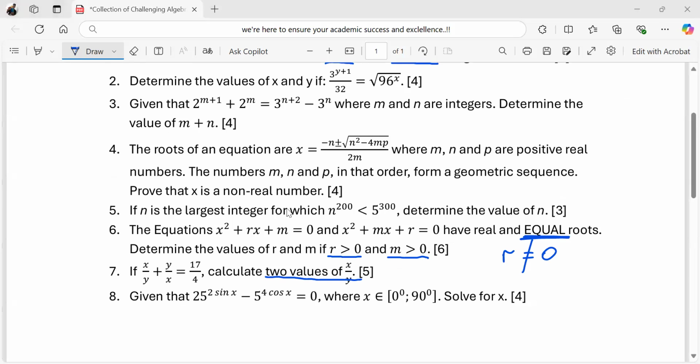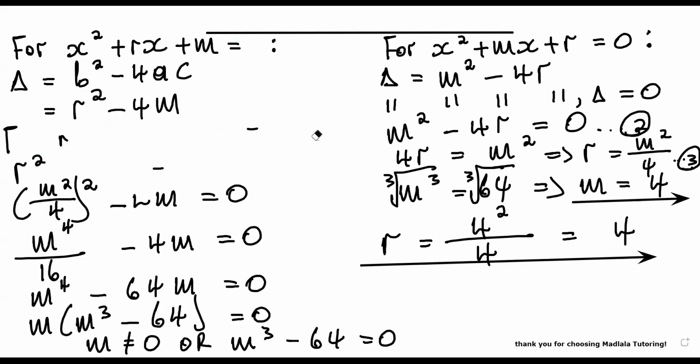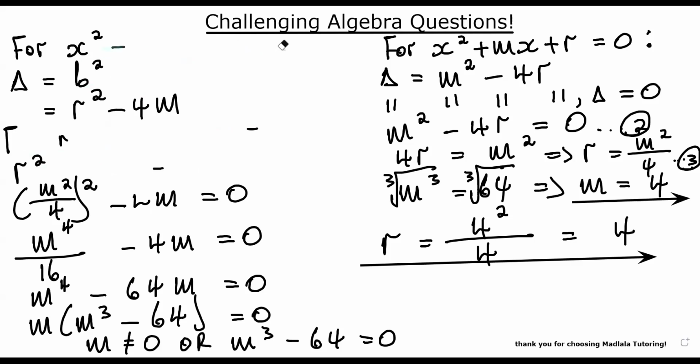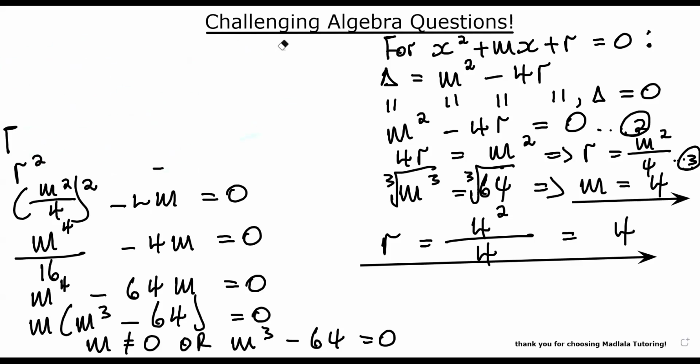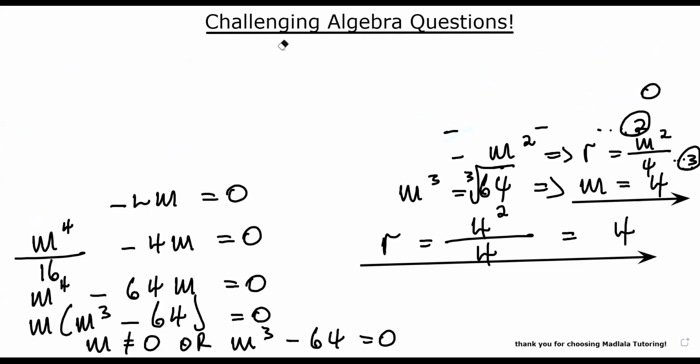So the question is, how would you find those two values of x over y? Well, the first thing you observe is the equation that is given to you is rather complicated. And being a good mathematician, you want to simplify your equation, right? So the question is, how would you simplify your equation?